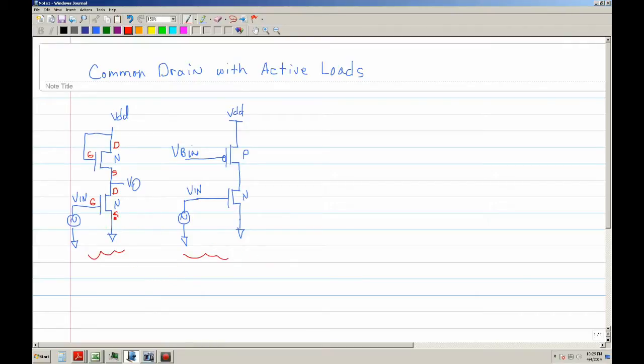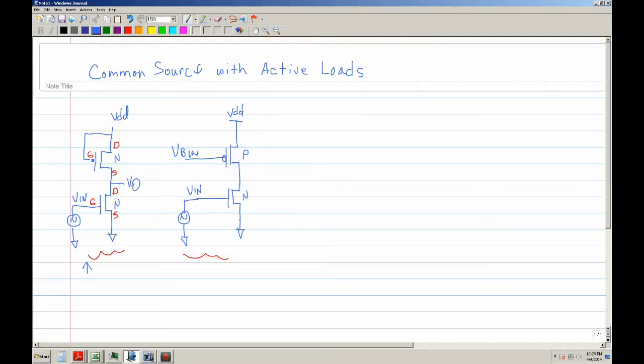Basically, it's a common drain, or actually it's a common source. On this first circuit we have two NMOS transistors, one here and one here.